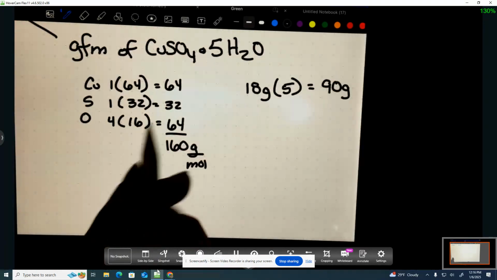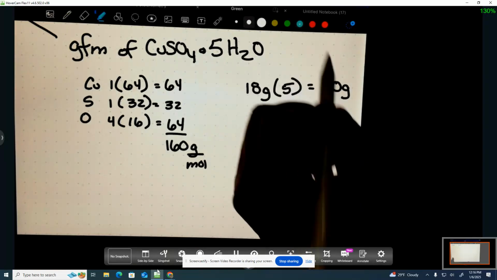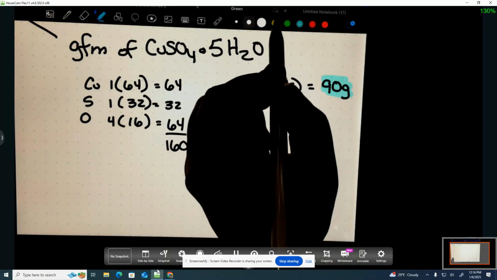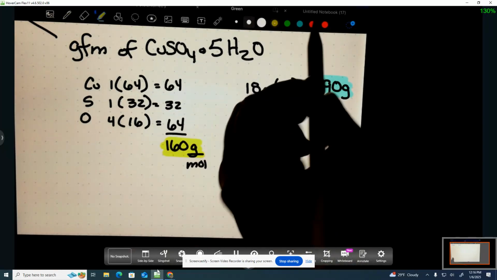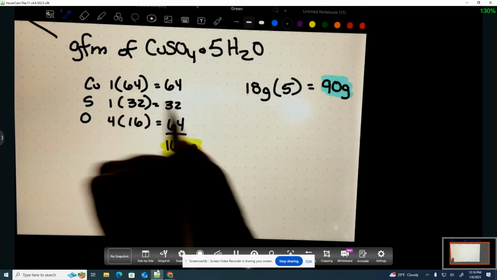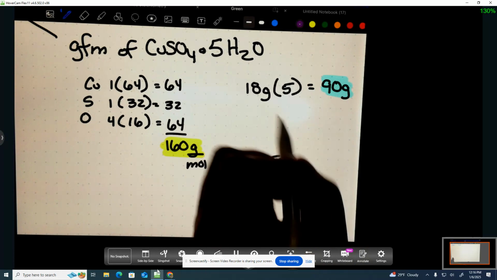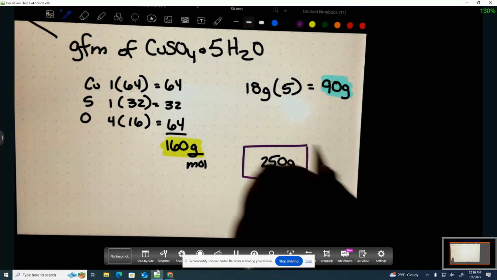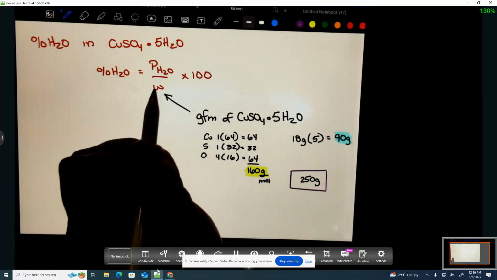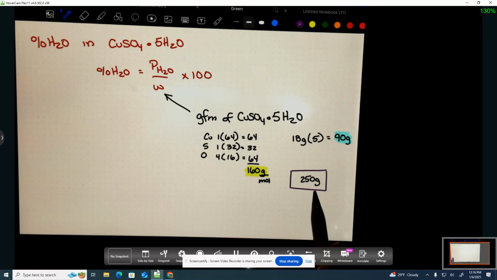Which also tells us that the whole thing weighs how much? 250 grams. This is the whole Megillah. So the whole is going to be 250. What's the part going to be? 90.